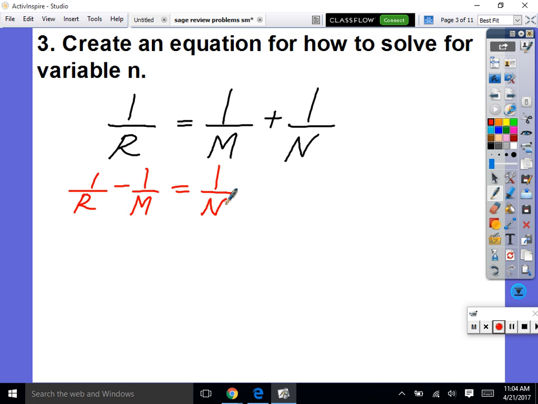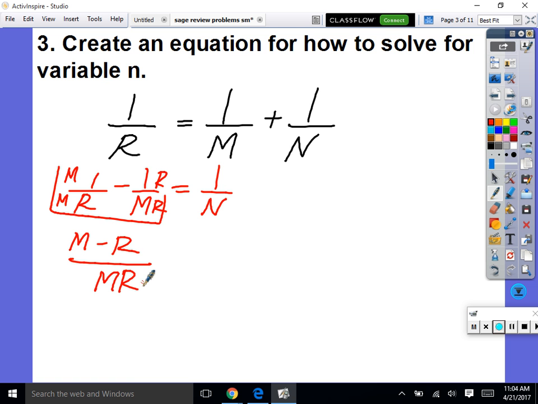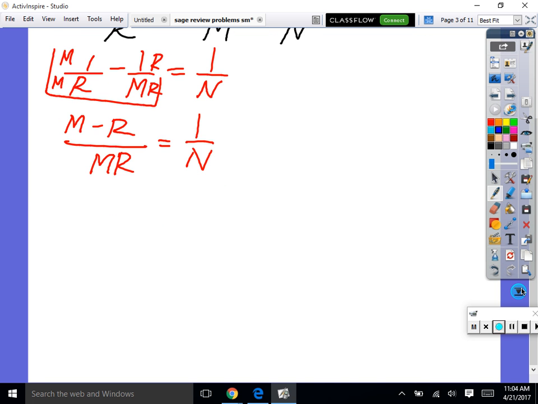Everybody good? Then from there, I need to have just one fraction over here, so I'm going to get a common denominator. So I'm going to multiply by m over m, r over r. So then that would be m minus r all over mr equals 1 over n. Is everybody good? Now, this is when it is okay to flip your fractions.